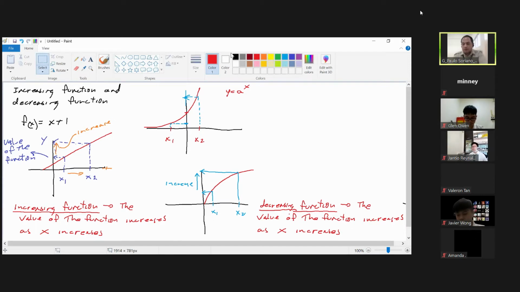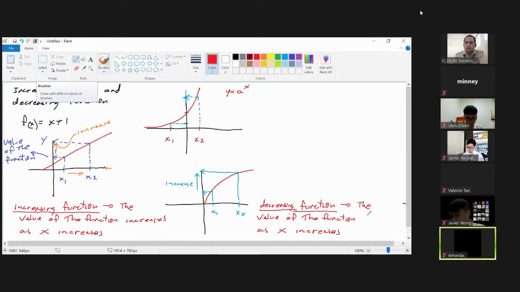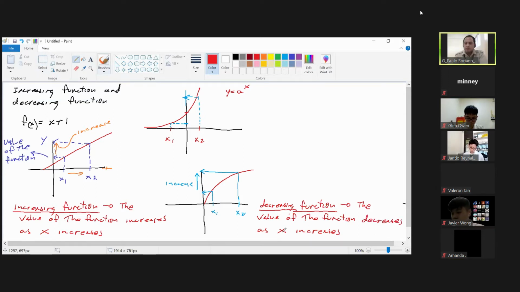Very good. As x increases, as you move x farther away, instead of the value of the function going up, the value of the function is going to go down. So that's a decreasing function.